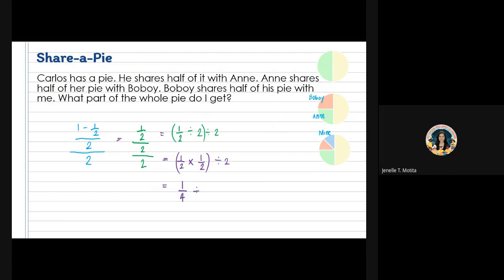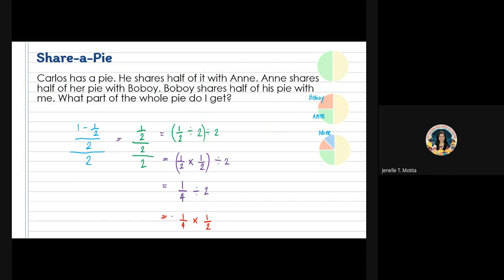Next, we have the divided by 2 again, and here we go with our last step. Let's evaluate 1/4 divided by 2. Again, apply your KMR: keep, multiply, and then reciprocate.